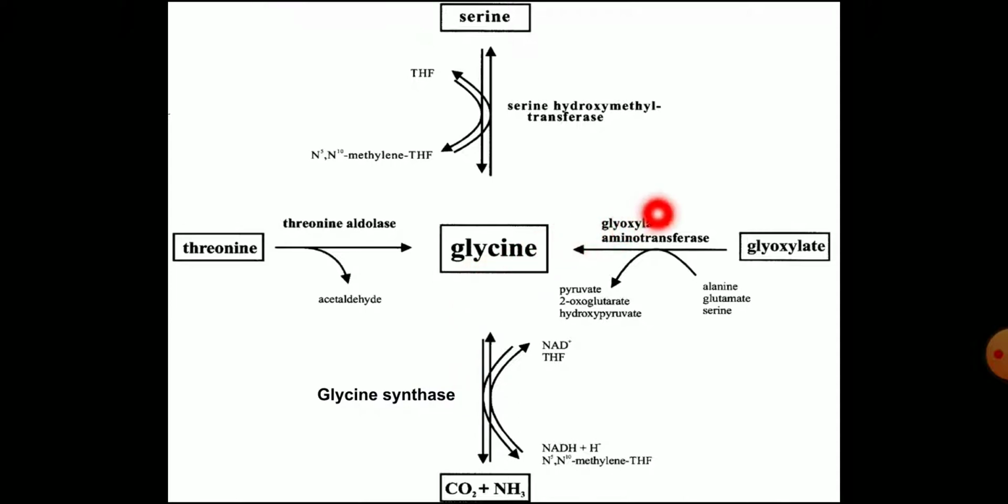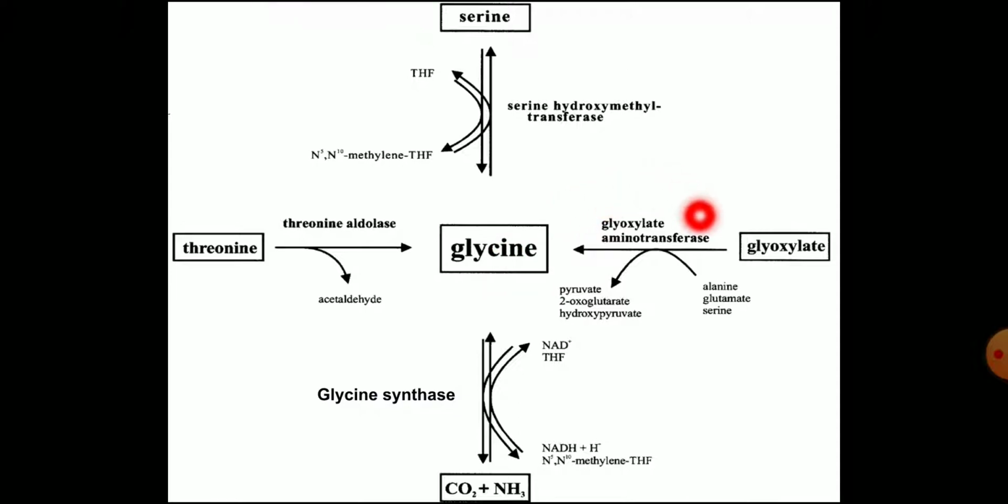Then the fourth method is from glyoxylate. Actually glyoxylate is a product of glycine metabolism, and glyoxylate undergoes transamination. You have studied transamination reaction in the urea cycle, right? So transamination of glyoxylate with alanine produces glycine plus pyruvate, or glyoxylate plus glutamate produces alpha ketoglutarate and glycine, or glyoxylate plus serine produces hydroxypyruvate and glycine.